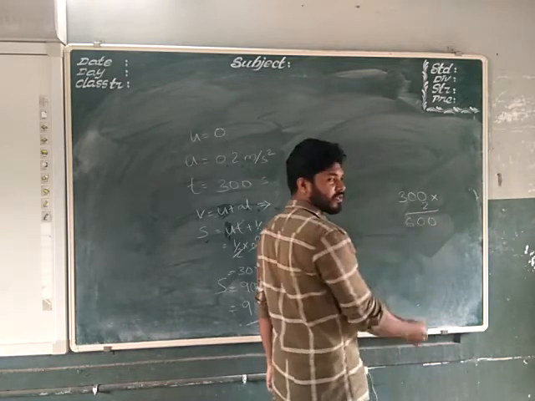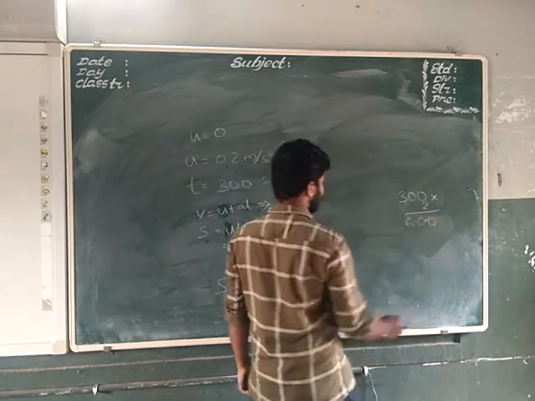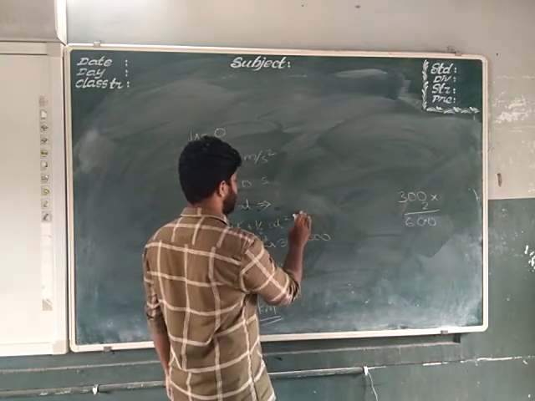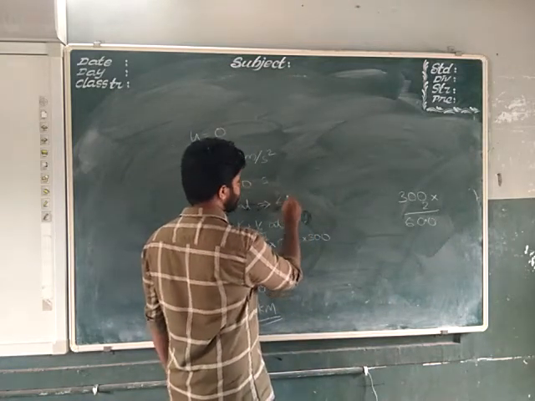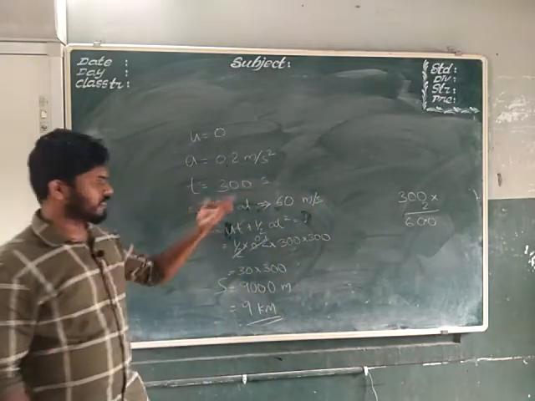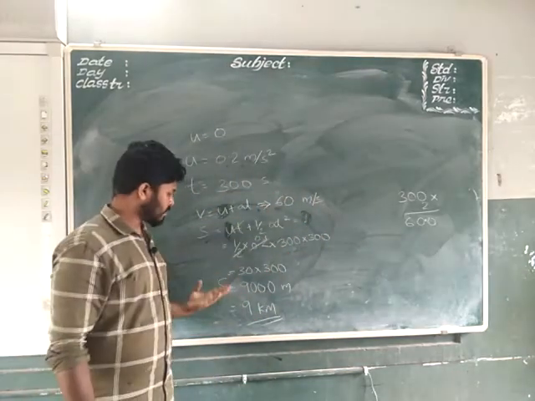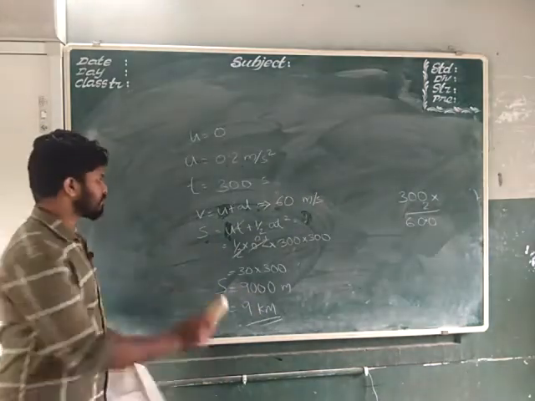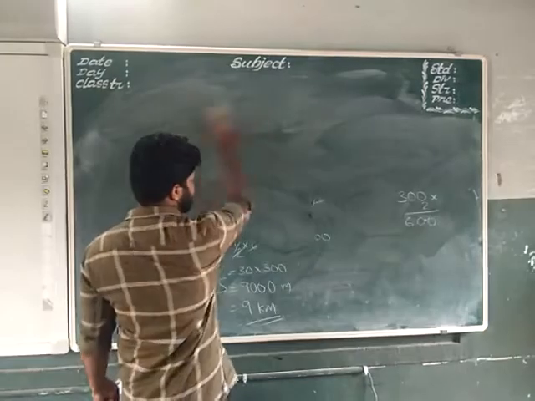Since it is 0.2, the decimal point comes here, so it is 60 meter per second. So the final velocity is equal to 60 meter per second and distance equal to 9 kilometer. So that is the fifth question. Now to the sixth one.